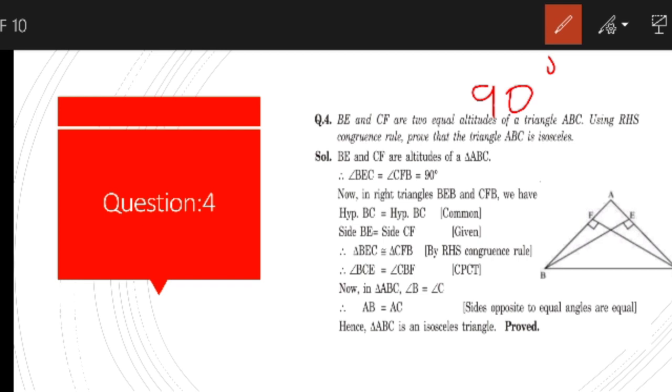So first we'll write the given: BE and CF are the altitudes of triangle ABC. Therefore we can say angle BEC is equal to angle CFB as 90, as we can see in the diagram that they are 90 each. Now in our right angle triangle BEC, sorry for the misprint, it will be BEC.